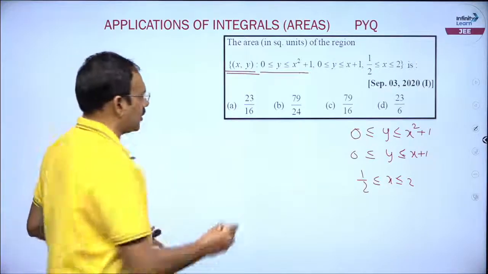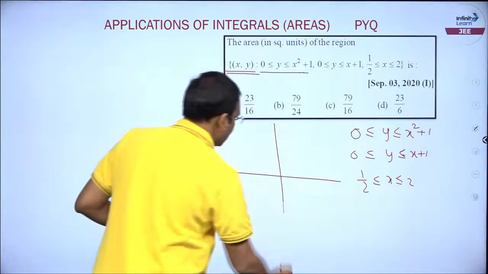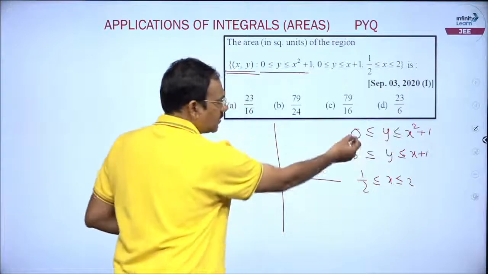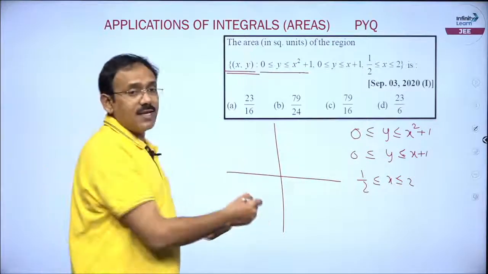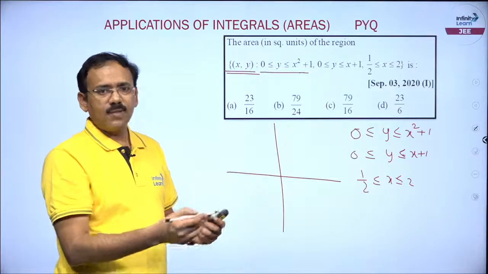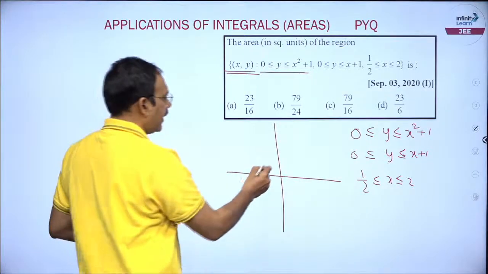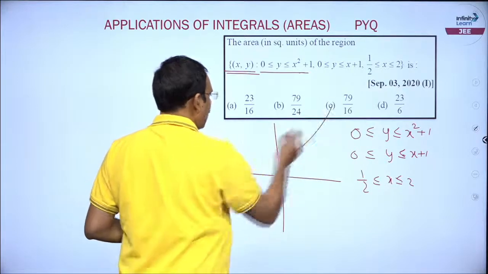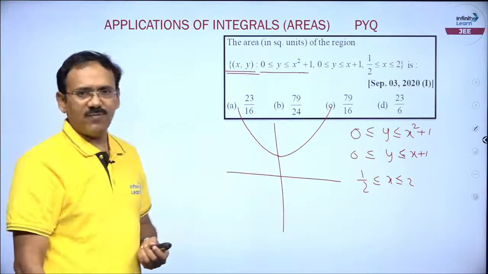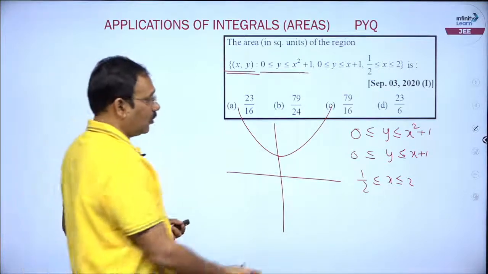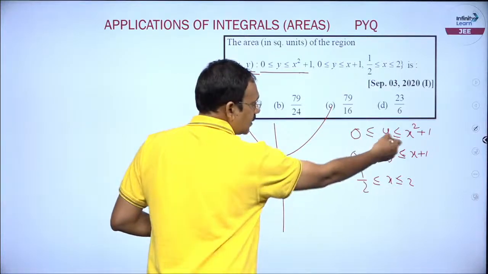Second one, try to draw the graph. How to draw the graph? y must be positive, meaning completely above the x axis. y is equal to x square is the upper parabola, x square plus 1 means the graph will be lifted by 1 unit. This is y is equal to x square plus 1, right. So, you have to take y lying between these two.